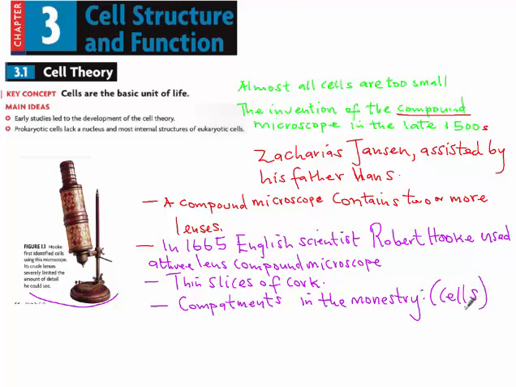So the name cells came from compartments or small rooms. That is basically what it means. What he observed were not living cells, but dead cork cells.